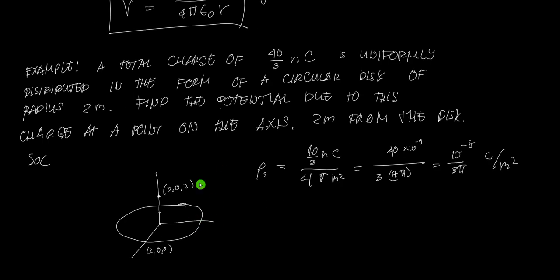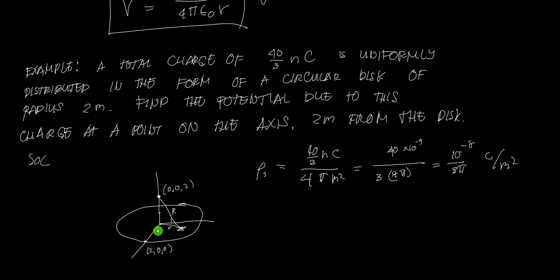If I take a small charge, dq, somewhere here, the radius, let's say this is R, radius R. Then we have a vector that connects this point to that small surface area. Just call that R, a vector.